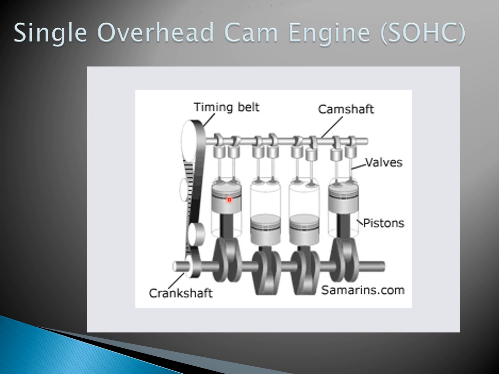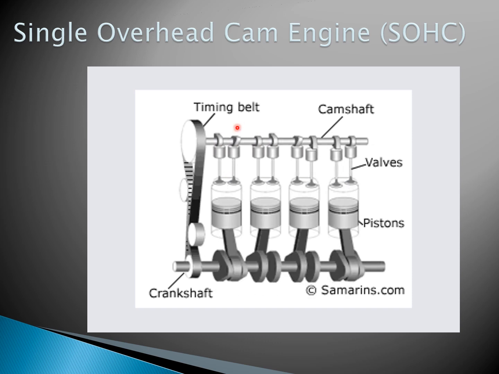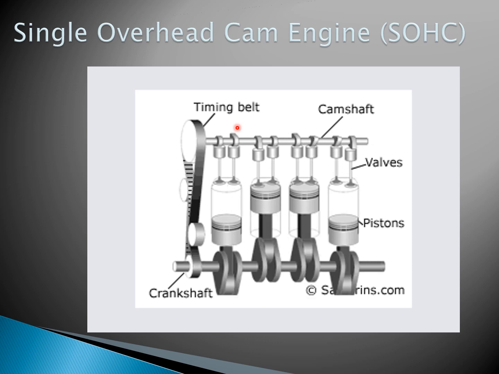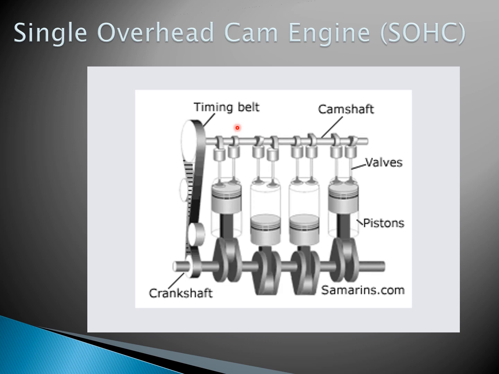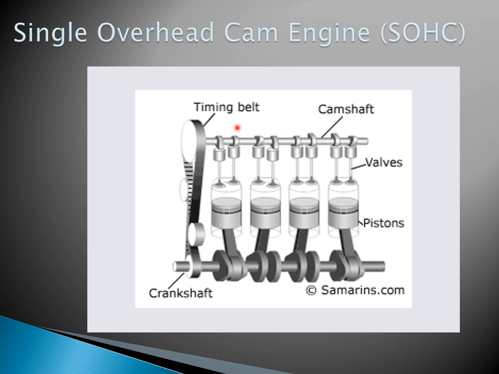We'll talk more about this as we continue on in our learning, but whether it's single overhead cam or dual overhead cam is based on the number of heads that an engine has, not the number of cams it has. I know that doesn't sound correct to you now, but it will as we move forward.